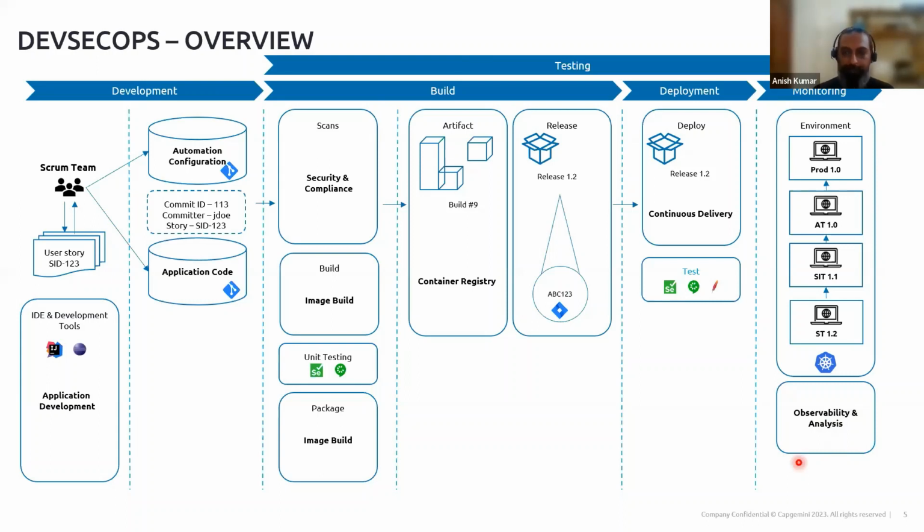We should not constrain ourselves only to monitoring and observability. There has to be the right kind of traceability, logging, and so on in order to get the right insight from every situation. So this is a typical DevOps overview.